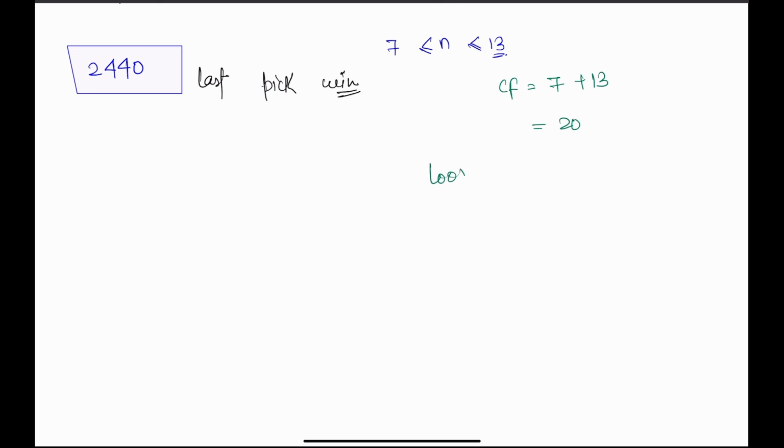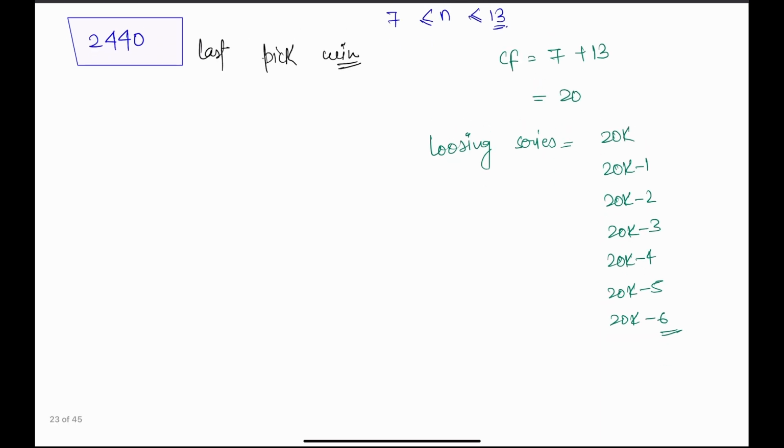Losing series will be 20k, 20k minus 1, 20k minus 2, 20k minus 3, 20k minus 4, 20k minus 5, 20k minus 6. So till here it will be the losing series.